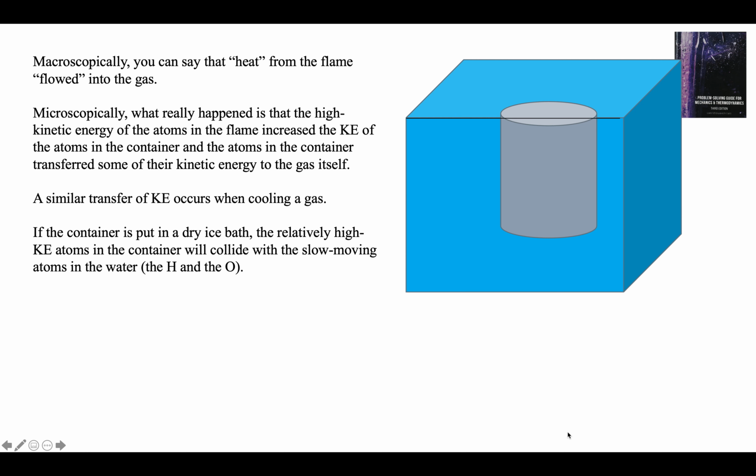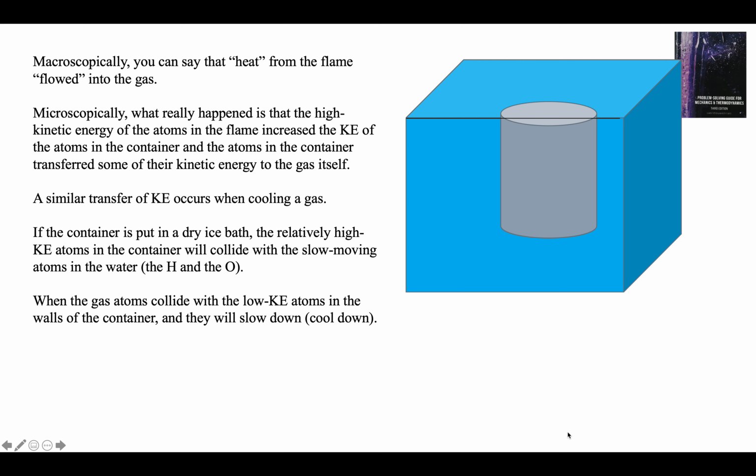They're going to slow down the atoms of the container and slow down the atoms of the gas when the gas hits the wall of the container. You have a fast-moving gas atom hitting a slow-moving atom in the wall of the container. That gas atom is going to slow down. So we say thermal energy gets transferred through the walls of the container, and that's Q.